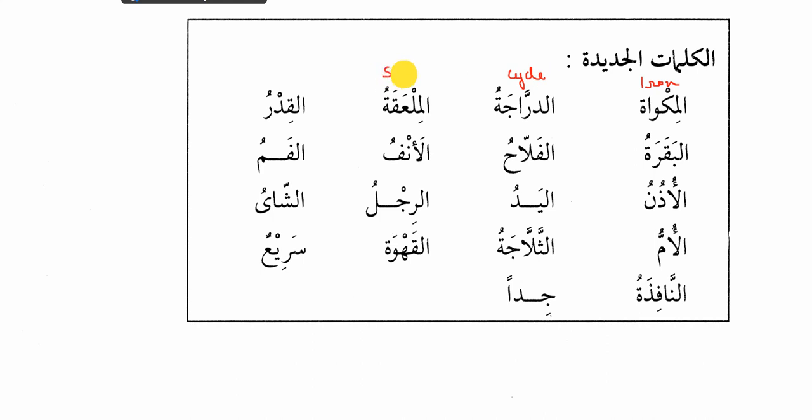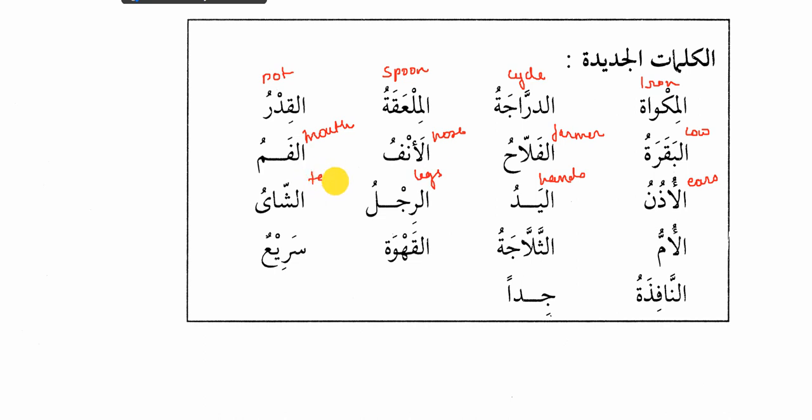Mil'aqa, spoon. Qidru, pot, and Baqaratu, cow. Fallah, farmer. Al-Unf, nose. Fam, mouth. Udhun, ears. Yad, hands. Rijl, legs.